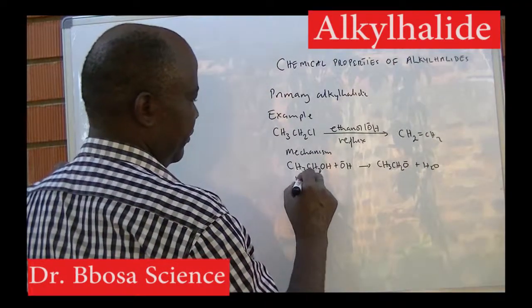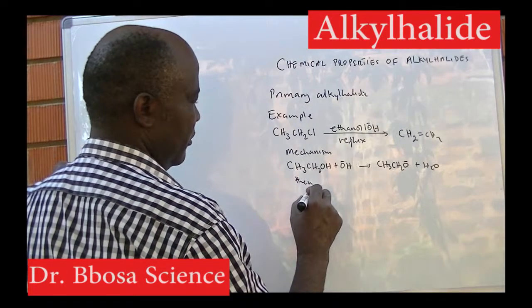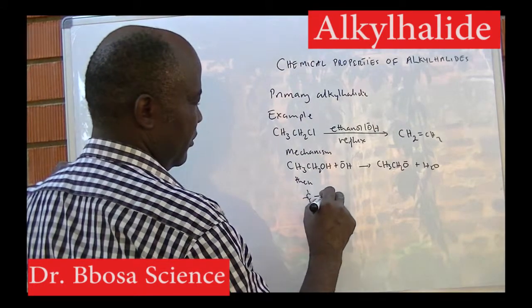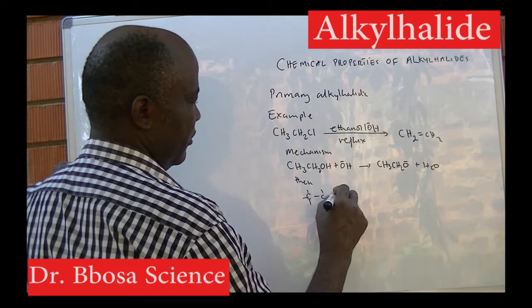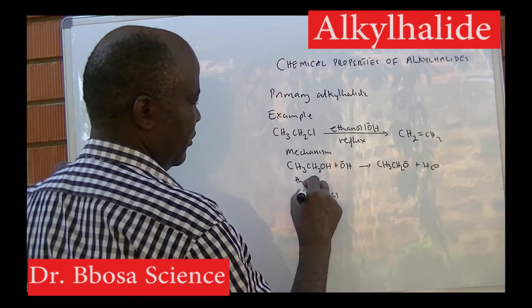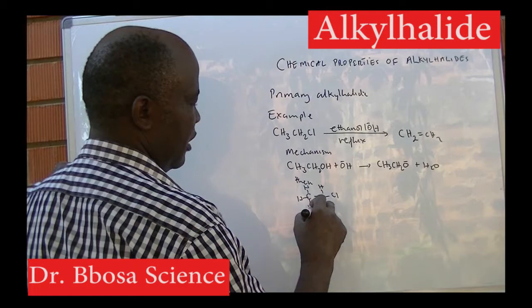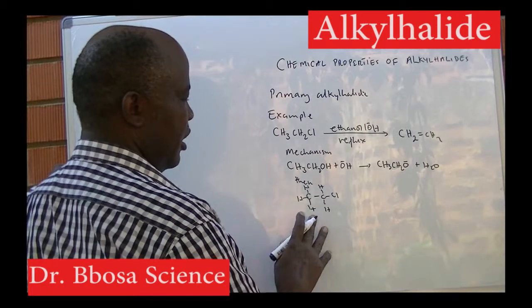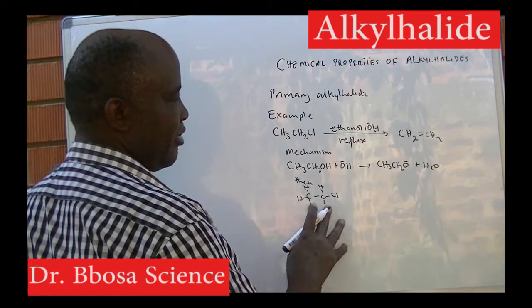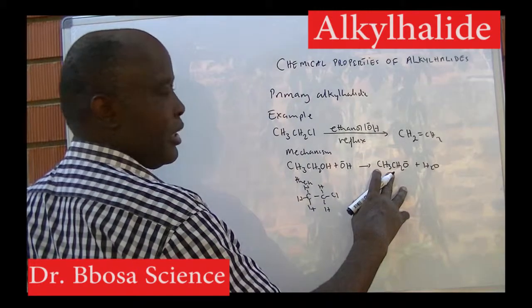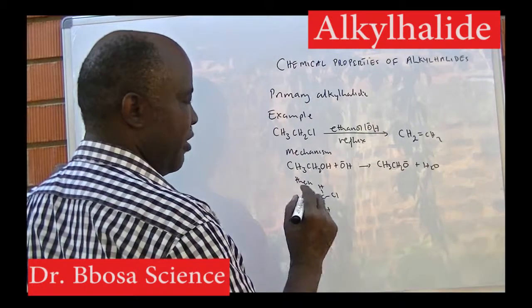Then chloroethane reacts with the ethoxide ion to form an alkene.